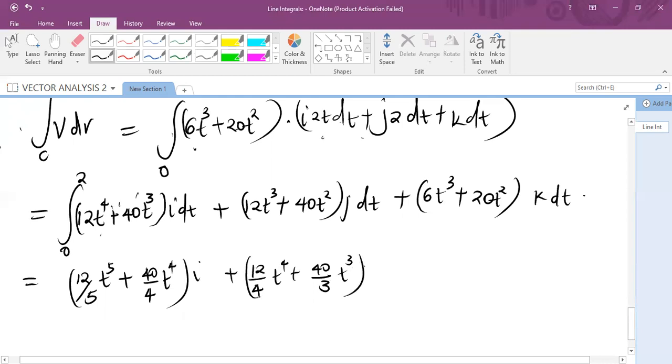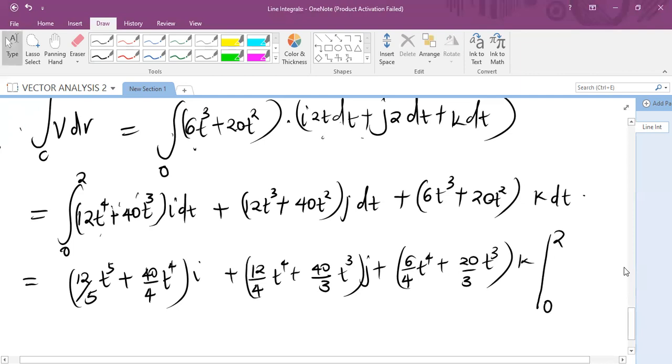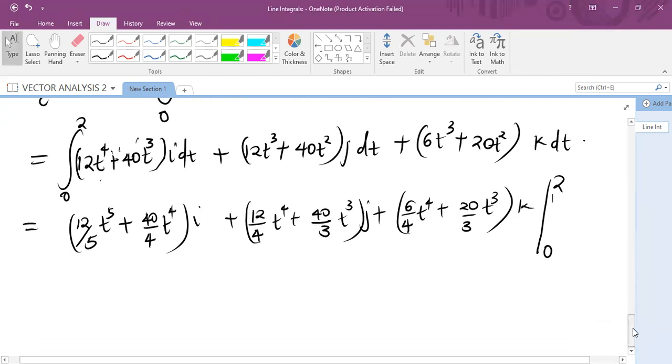All these are values of j. Plus 6 over 4, t to the power 4, plus 20 over 3, t to the power 3. All these are values of k, and we are integrating from 0 to 2. So replacing our values of 2 here.